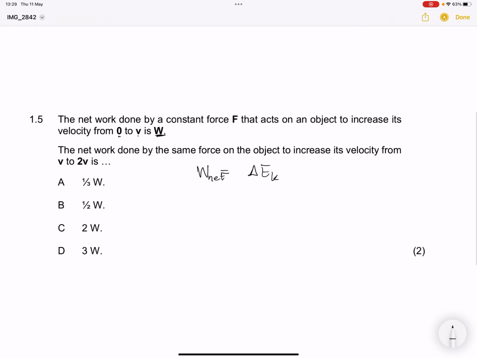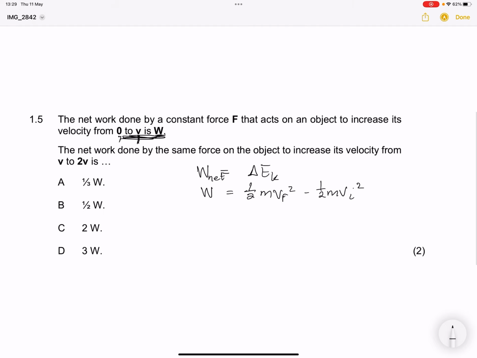So we know in this case, they say the work done is W, so we'll keep it as W. So this would be half of m vf squared, minus half m vi squared. Now note, for the first instance where we are talking about work done W, we said our final velocity is v, our initial is 0.